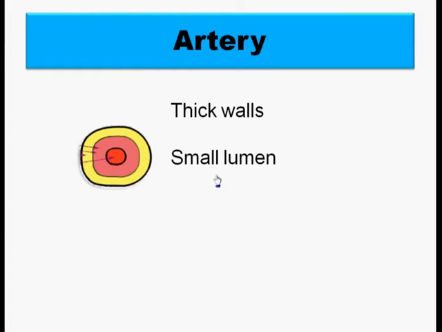Alright, so the other blood vessel, the artery. Now note, the walls right here are what? Thick. If you compare it to the veins, the walls are thicker than the veins. In the veins, the walls were thin, and for the arteries, the walls are what? Thick.